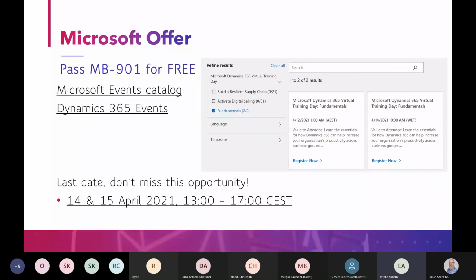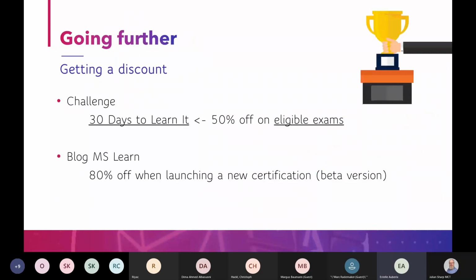So I think that we are in the middle of April. It depends on the knowledge that you already have, but it could be okay for you to pass and succeed in the exam for free like that. To go further, there's some challenge. It's still the Ignite challenge.